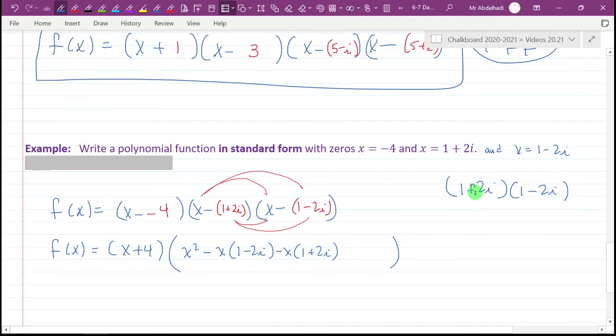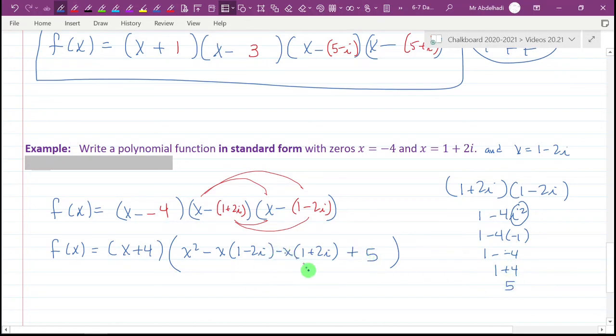And since they're conjugates, we can do the full FOIL and things will cancel out, or you can just realize I can do first times first, 1 times 1, which is 1, and last times last. 2i times negative 2i is negative 4i squared. Now, since i squared is just a negative 1, this is 1 times 4 times negative 1. This is 1 minus negative 4, which is 1 plus 4, which is 5. So this whole thing is just a 5.